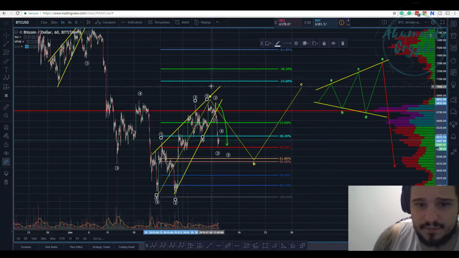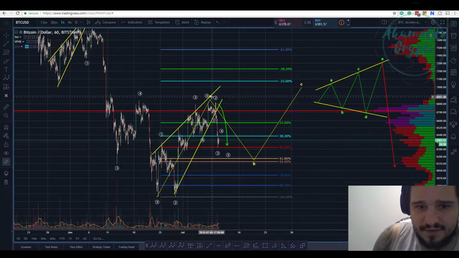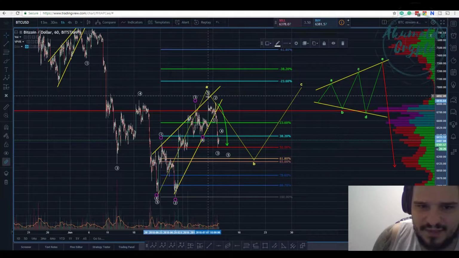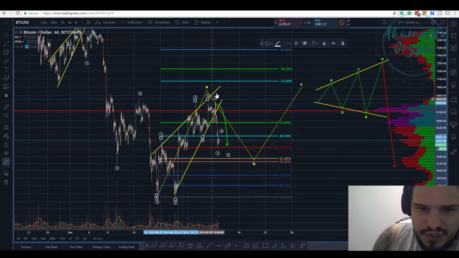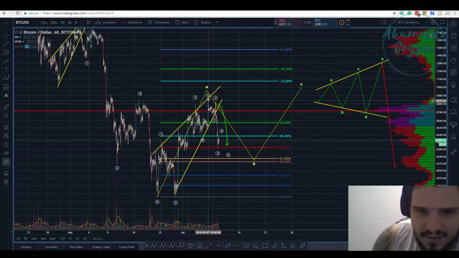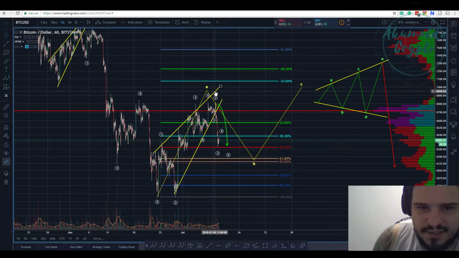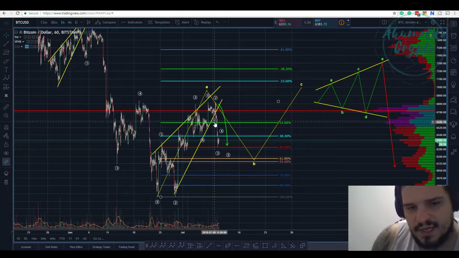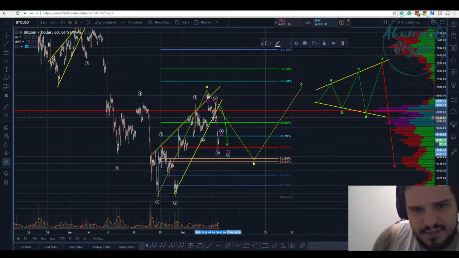Perfect. One might say that in theory we should have this 5 here touching the top line of the wedge, but we haven't. Yes, theory is not always followed.